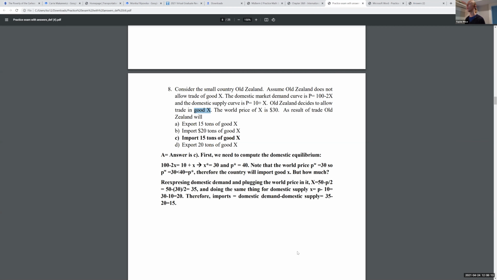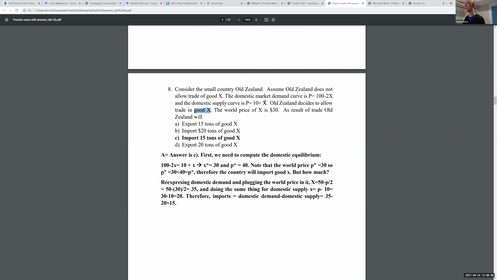So when they give you the world price, you kind of know you have to do a couple things. The first thing you want to do is, as it says right here, compute the domestic equilibrium. To do that, you're just going to set the demand curve and supply curve equal to one another, and then solve that for the price and quantity.